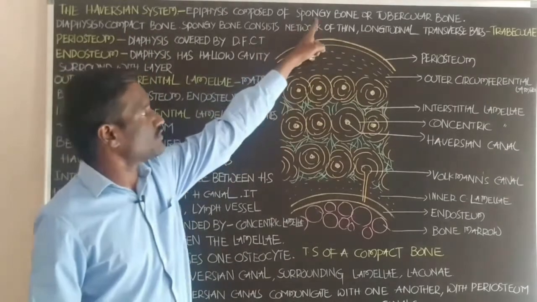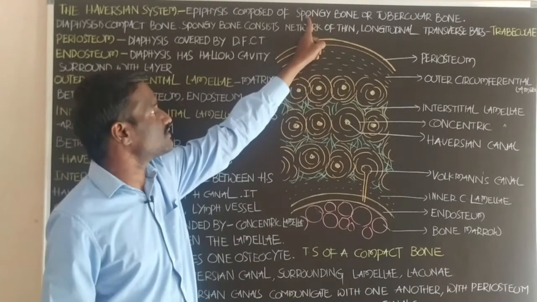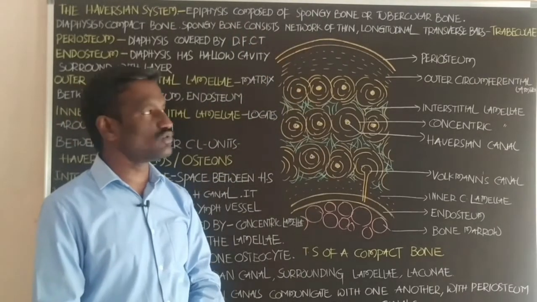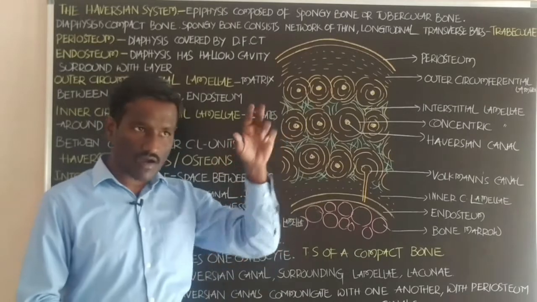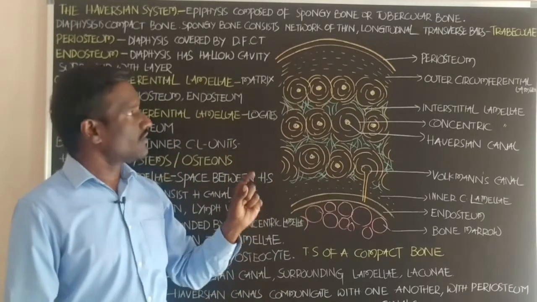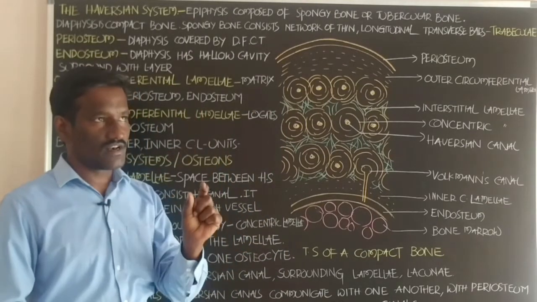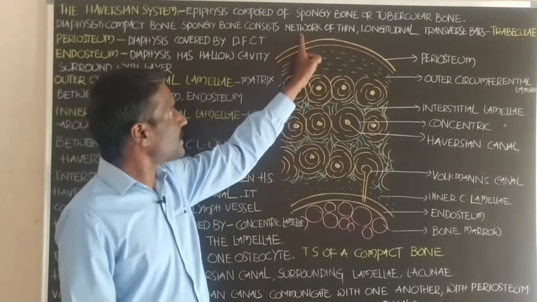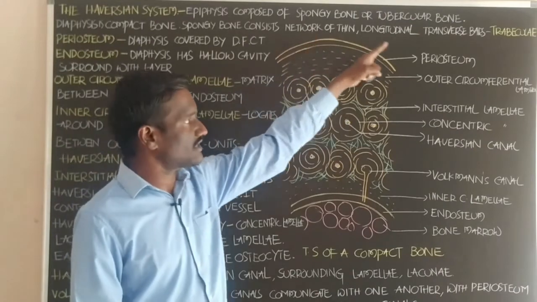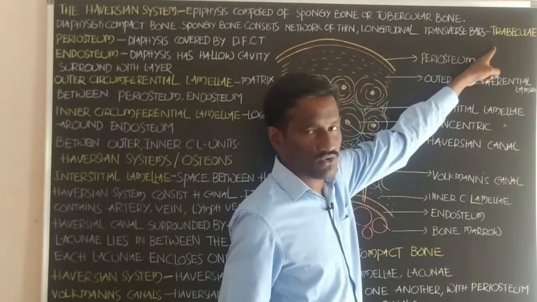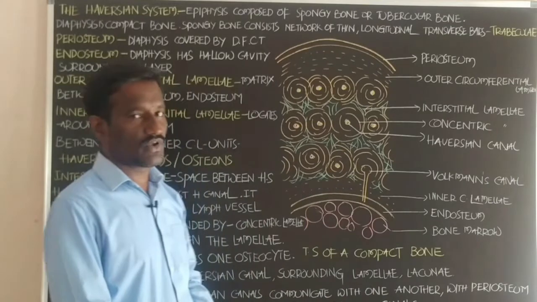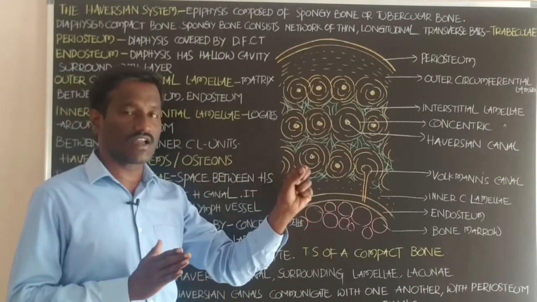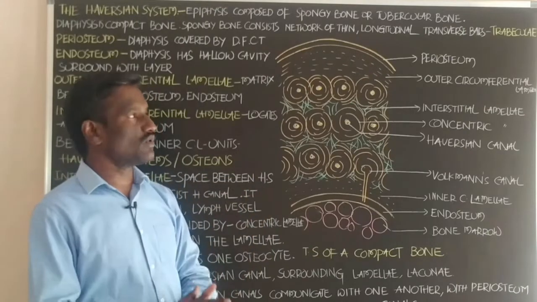In the epiphysis region, spongy bone consists of a network of thin, longitudinal and transverse bar-like arrangements. These are called trabeculae, the bar-like structures present in the spongy bone.